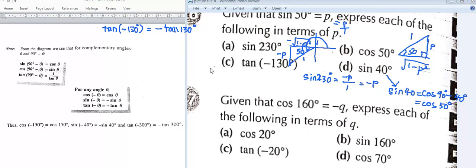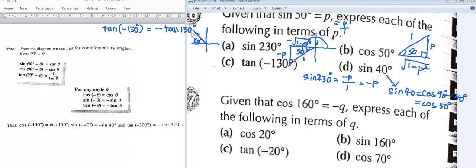Now, let's do this first. Tangent 130 is actually in the second quadrant. In the second quadrant, here is 130, so here is 50.